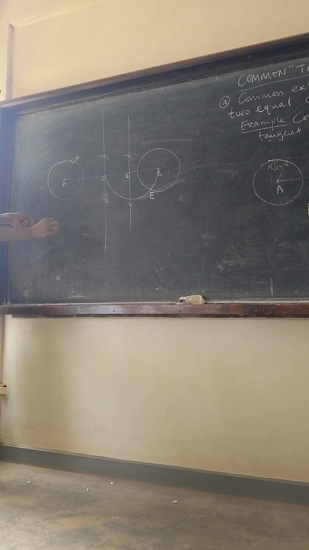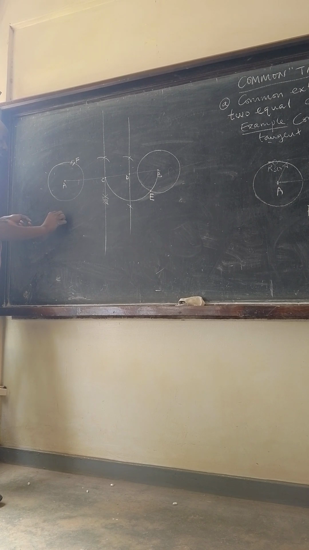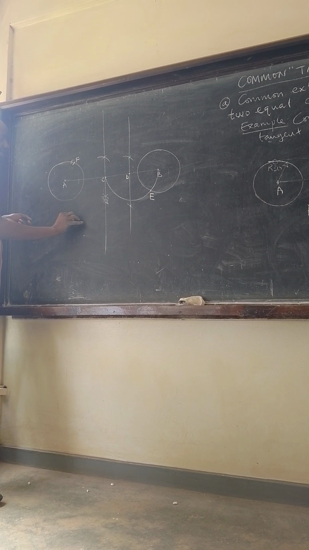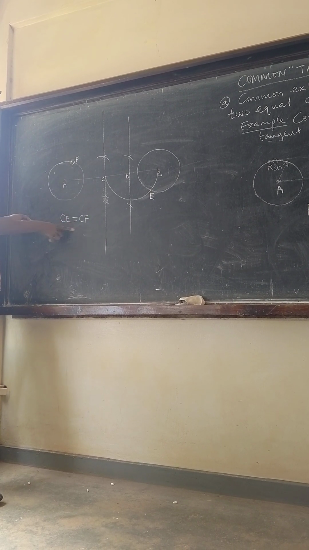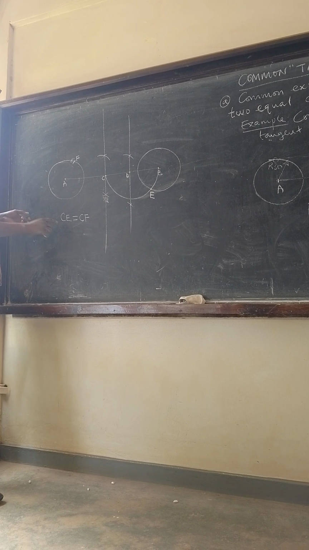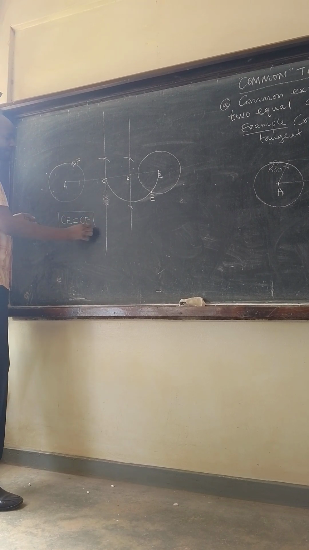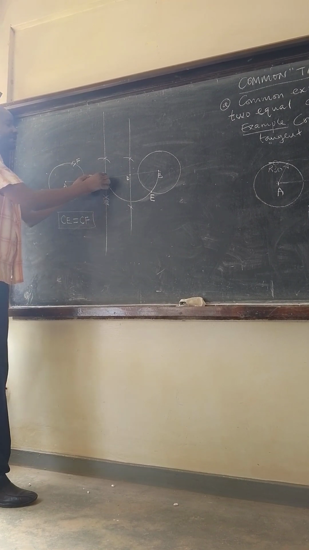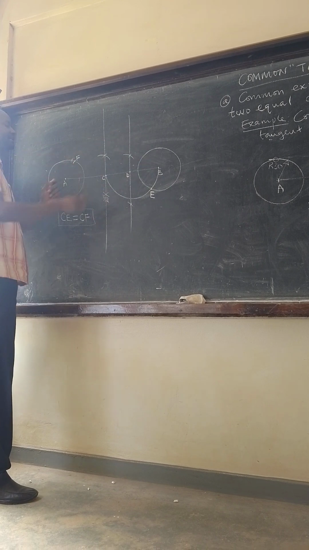Normally in our notes, our footnotes, you can just say CE. This speaks a lot. CE is equal to CF. You realize that this can save you a lot, because you may look at this work after some time. You see everything connecting, but there is this F, where did it come from? But when you just put this somewhere, you will see, okay, CE is equal to CF, so I just marked that.